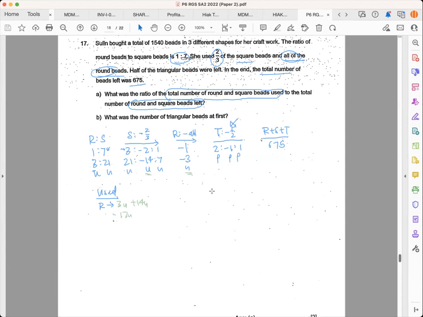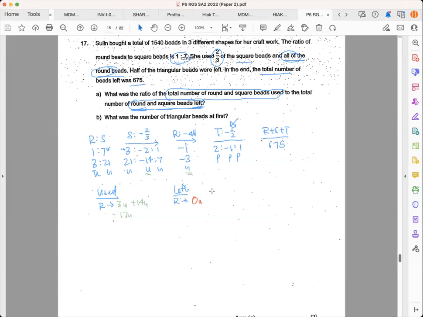Compared to the round and square bits left, round left will be 0 because we used up everything.